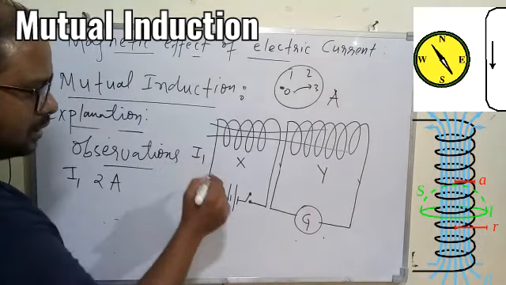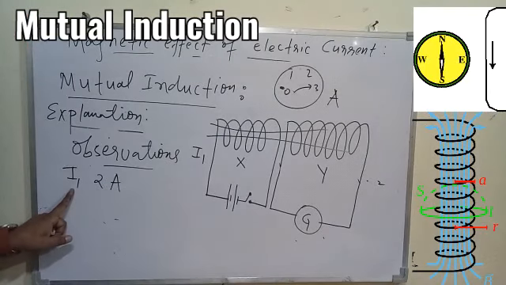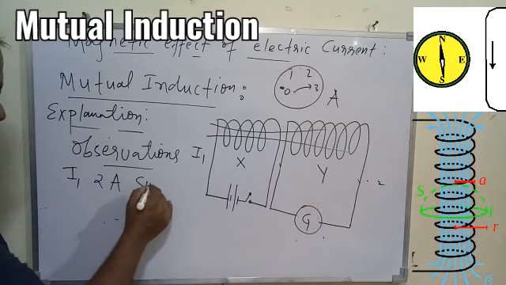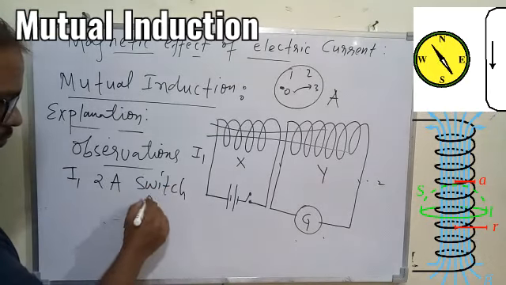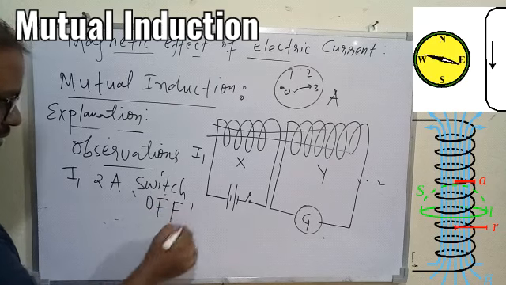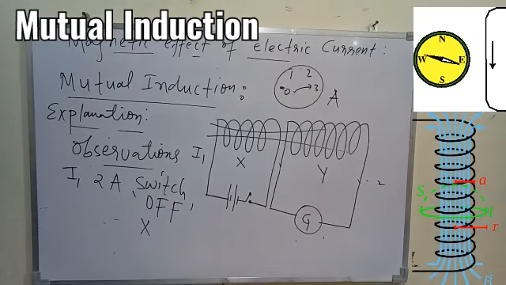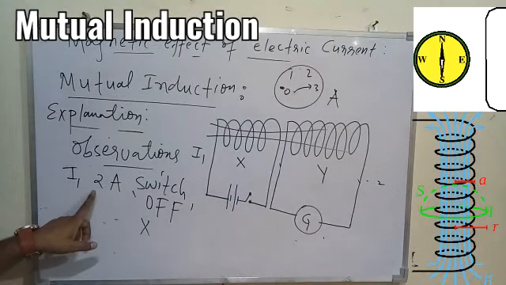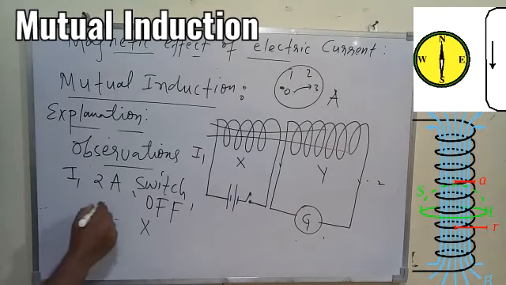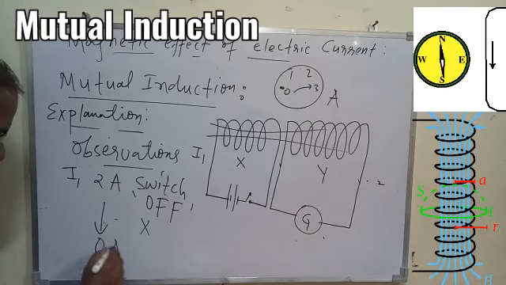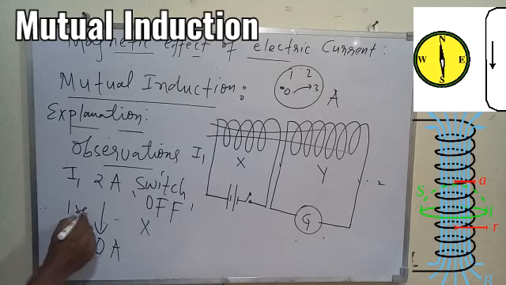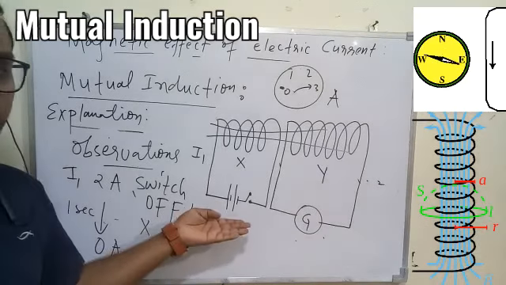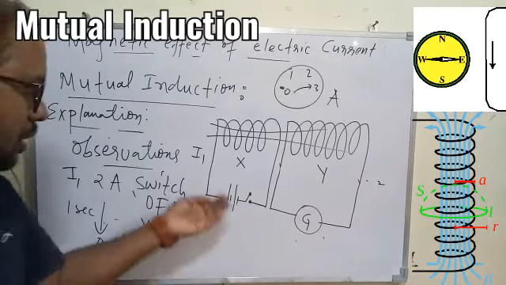So now in this case there is no current here. So let the maximum current be 2 ampere, and now you switch it off. Once we switch off the circuit X, the current will start decreasing from 2 to 0 ampere, but again it will take some time, and let the time taken be 1 second. So the time you switch it off, it will take some time to come to 0 value.